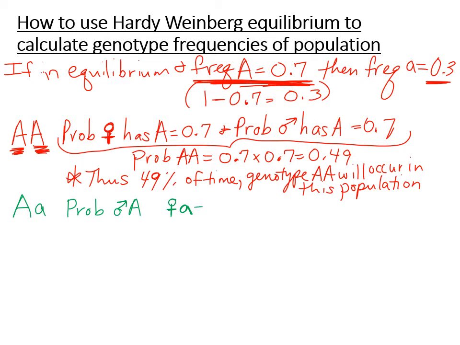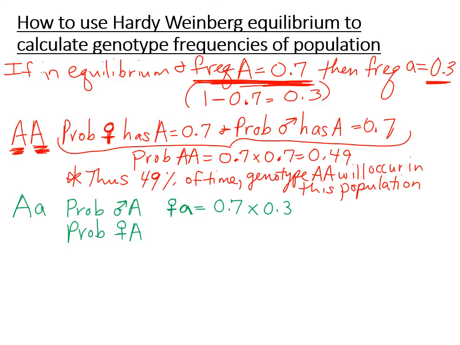Well, that probability is 0.7 for capital A, right, times 0.3 for lowercase a. And I'll erase those just so that you don't think I'm dividing by anything in your notes, but that was to show you what the 0.7 and 0.3 were for, okay? Now, is that the only way that you can get a heterozygote? No, you can also get a heterozygote by getting the dominant allele from mom, okay?